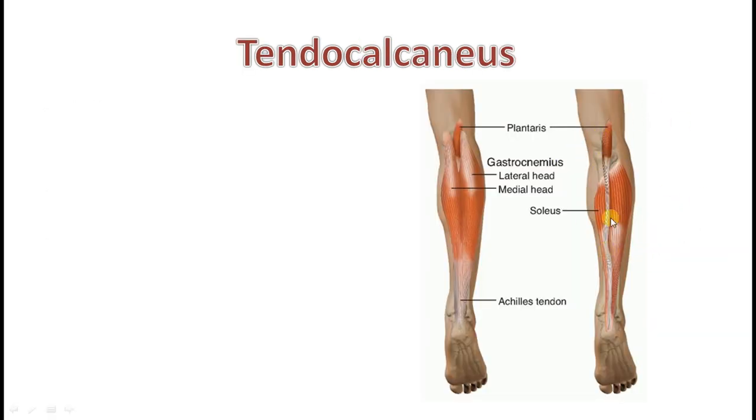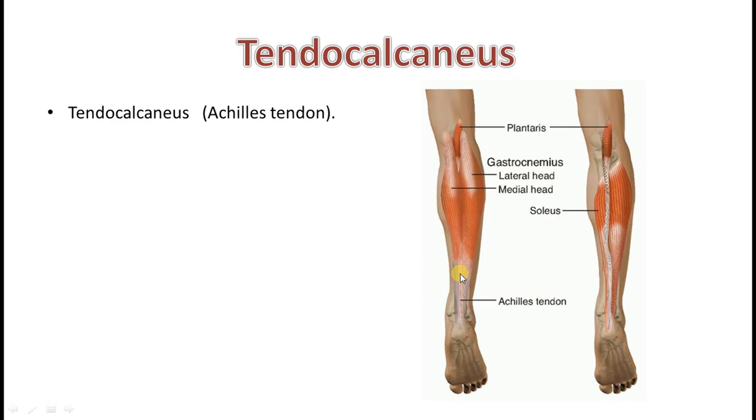Coming to the tendocalcaneus, which we are able to see here, it is a very long tendon, 15 centimeters long. It is also called the Achilles tendon. You all would have heard the story regarding the Achilles tendon. Achilles was a Greek king in Greek mythology.